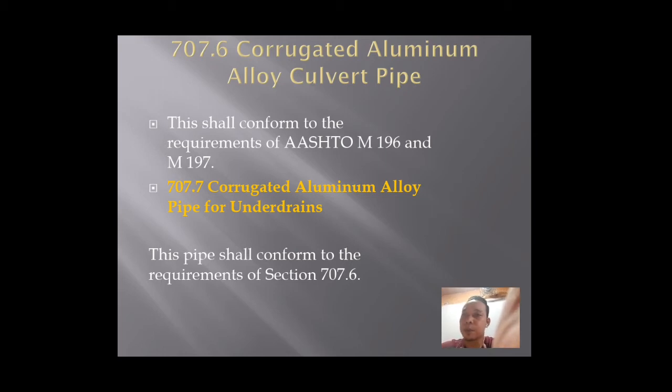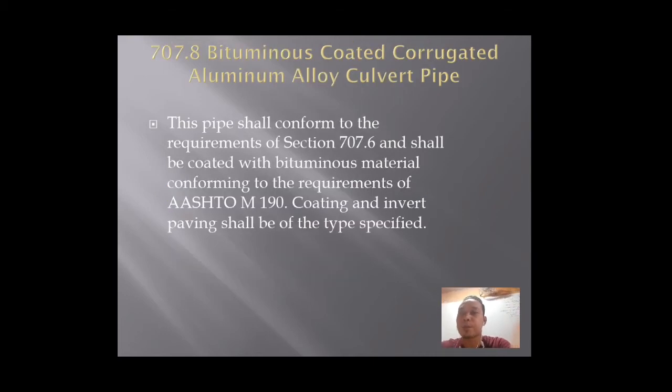These shall conform to the requirements of AASHTO M196 and M197. Sub-item 707.7, corrugated aluminum alloy pipe for under drains. These pipes will conform to the requirements of section 707.6.